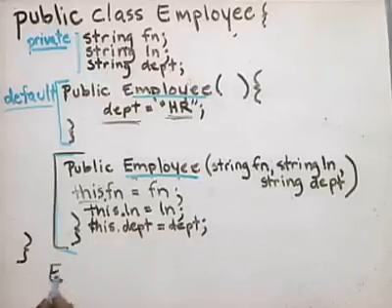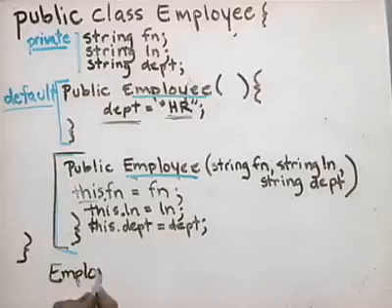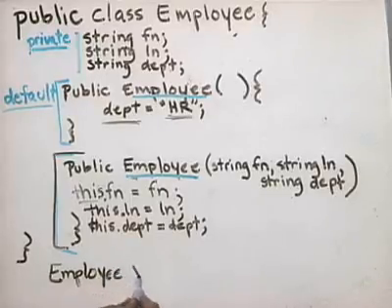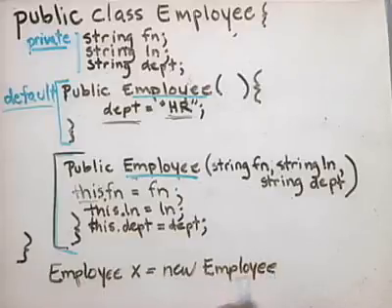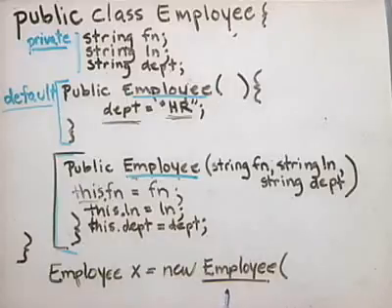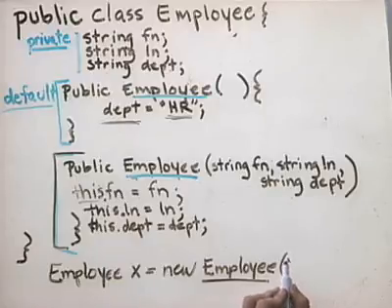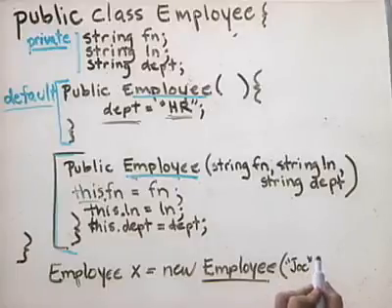If I were to create an instance of the employee class, I now have two constructors to choose from. Right here is the call to the constructor. Now I have overloaded the constructors, so I have the choice between these two. I'm going to choose the three-argument constructor, and that means my signature has to match.